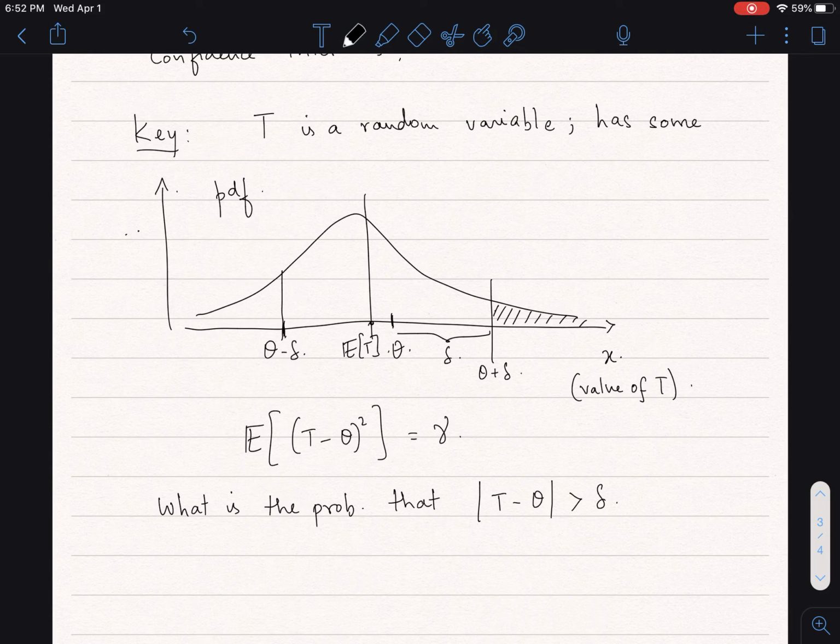In other words, t is less than theta minus delta, or t is more than theta plus delta. Note that these two statements are mathematically, logically equivalent.